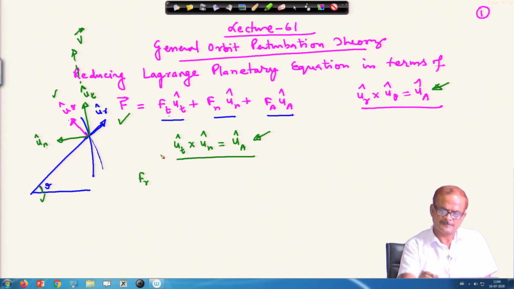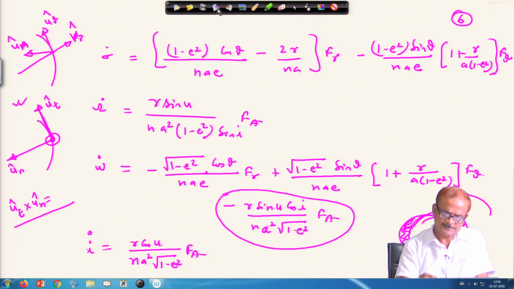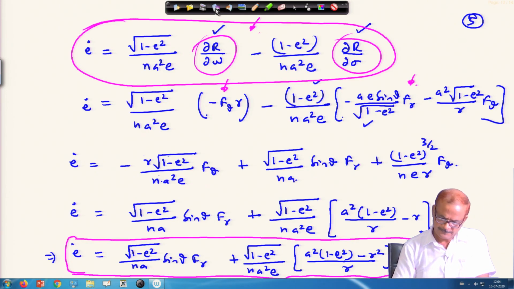Now, in the previous lecture, if you see here, we got this equation in terms of f r. Perhaps we have made a mistake again here in this place, e theta. So, this is 1 minus e square, n a, f r, and then this part is f theta. This is the correction that we need to make, this is f theta.